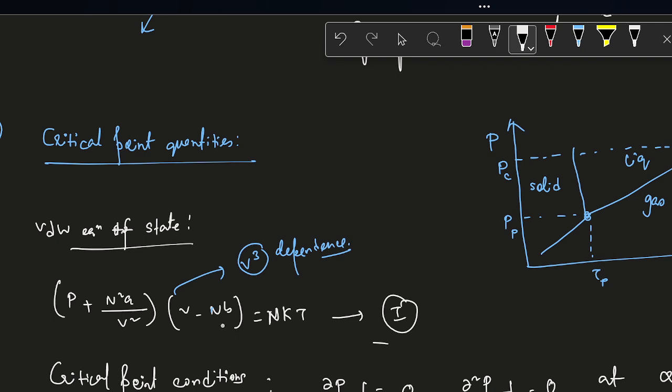But in our scenario, because we are just directly changing P to P plus n squared a by V squared as an effective pressure and effective volume as V minus nb, we totally ignored this nkT part, because in the ideal gas scenario also, for n number of molecules you have to write nkT. Unless your n value is already 1, you have to write this nkT. So similarly for the van der Waals equation you have to write nkT on the right hand side, because the right hand side is not changing.